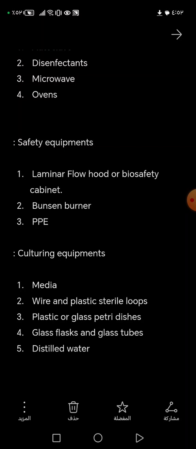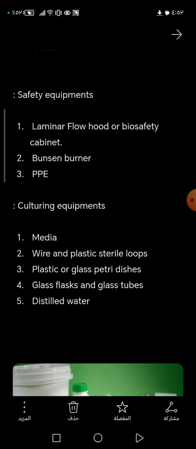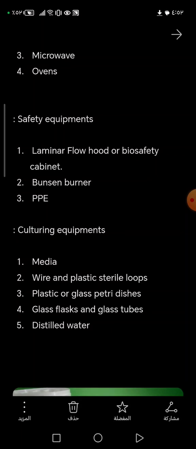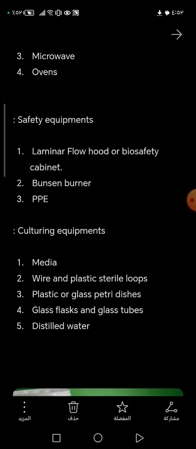So the biosafety cabinet has a light that's called ultraviolet light, which is used to sterilize, even to clean or to kill the bacteria on the surface of the biosafety cabinet. When you turn on ultraviolet light, you should be very careful because it's dangerous for you. Don't look at the light, or don't put your hands under the light.